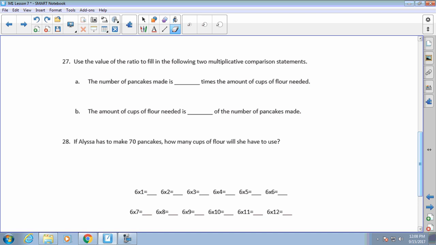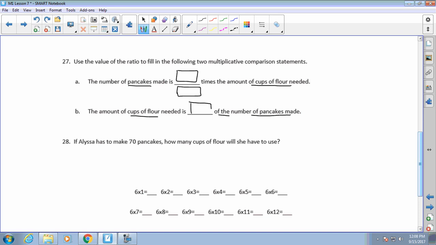So if you're talking about pancakes to flour, pancakes again is going to go up here, and the flour is going to go in this box. The amount of cups of flour needed, so it wants flour to the number of pancakes. So you're going to write flour there, pancakes there, and then it says if Alyssa has to make a total of 70 pancakes, how many cups of flour will she have to use?